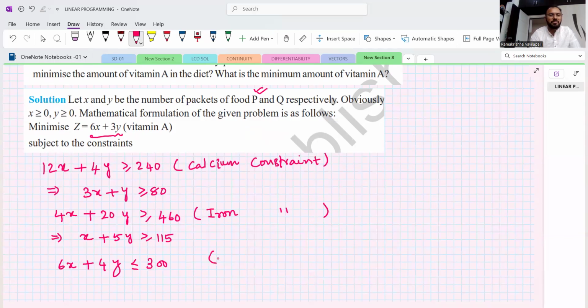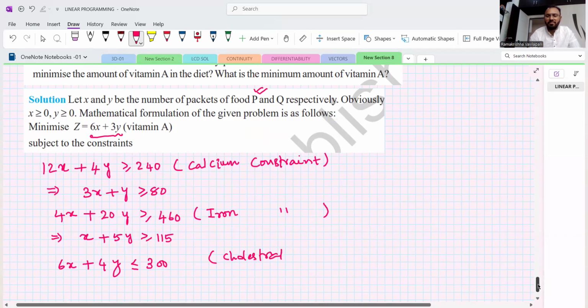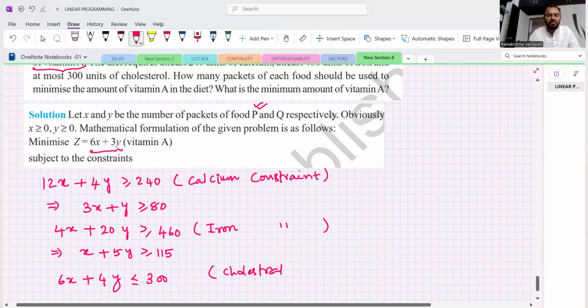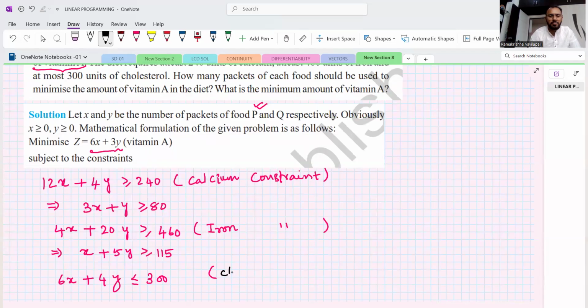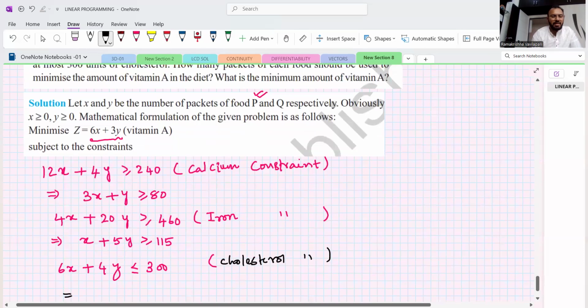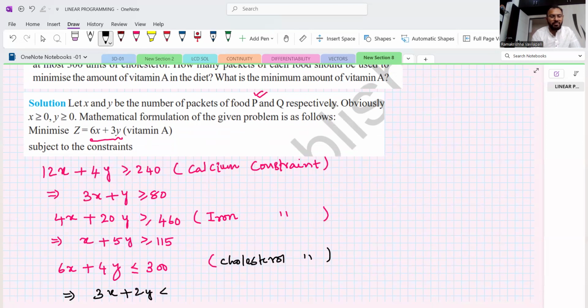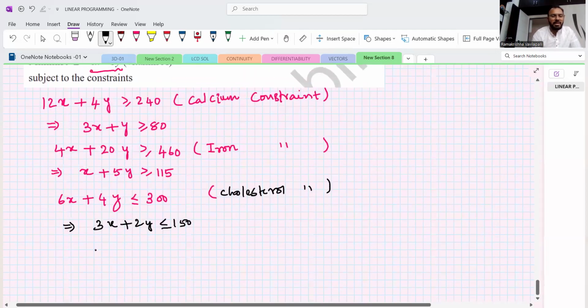This is the cholesterol constraint. I can write this as 3x plus 2y less than or equal to 150, and x, y must be greater than or equal to 0.